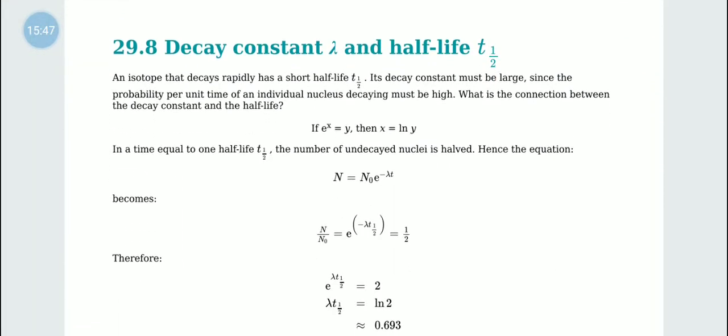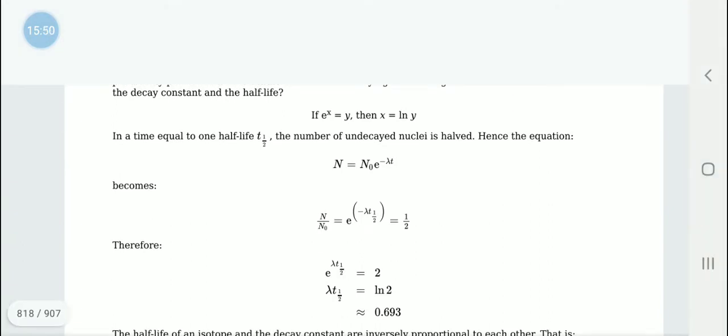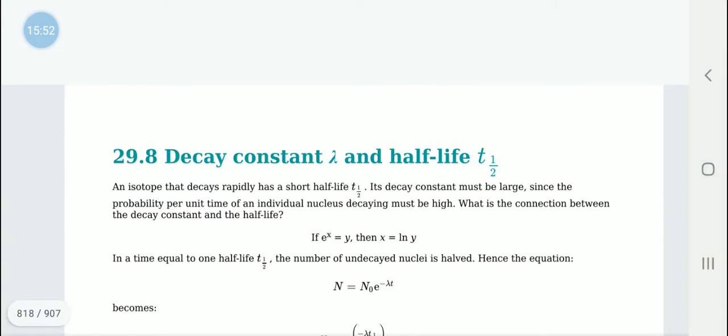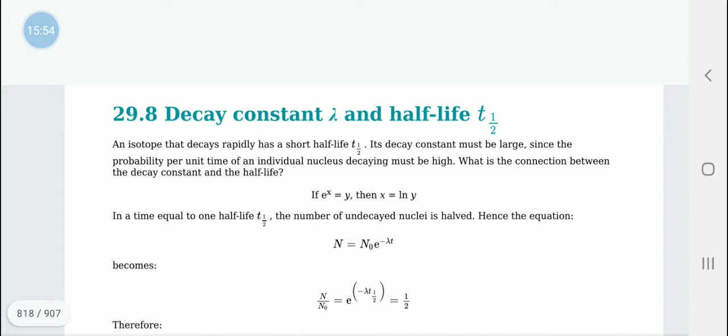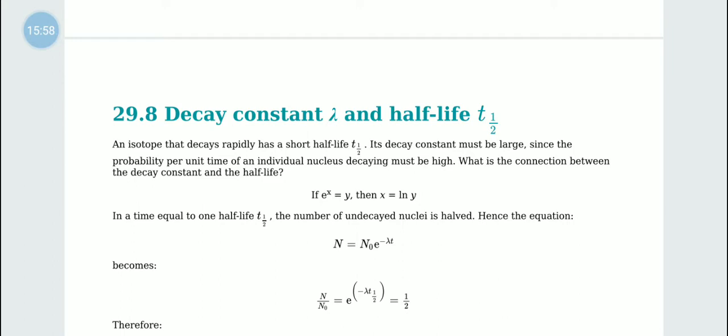Now we are going into decay constant lambda and half-life T1/2. So we know that an isotope that would decay rapidly has a short half-life. So it is obvious, if it decays at a slower rate, it would have a longer half-life. The decay constant is the number of decays per unit time.